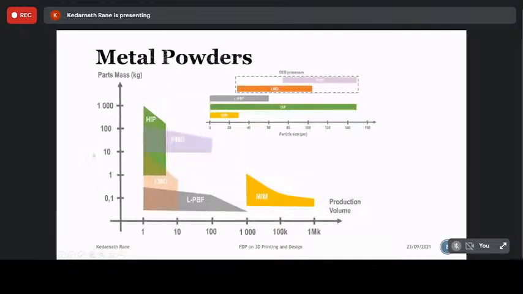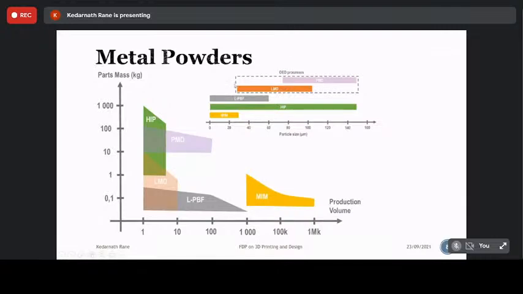When it comes to the metal powders required for additive manufacturing processes, I would like to cover all additive manufacturing processes so that you can see where the metal injection molding powder size lies. Here we are aware of some of the processes, which is directed energy deposition, like LMD and PMD.